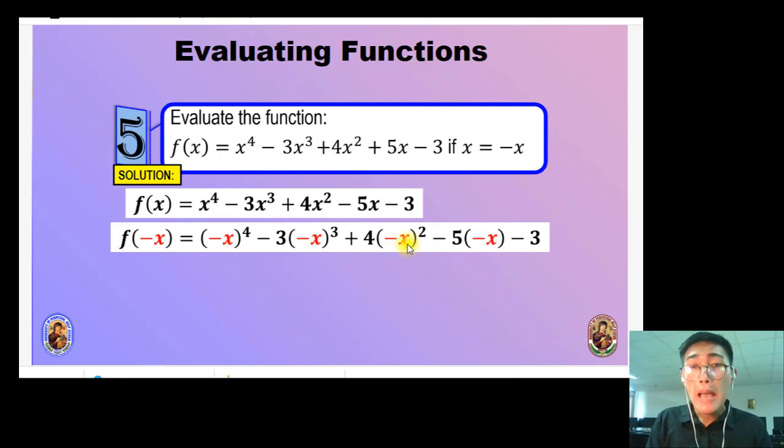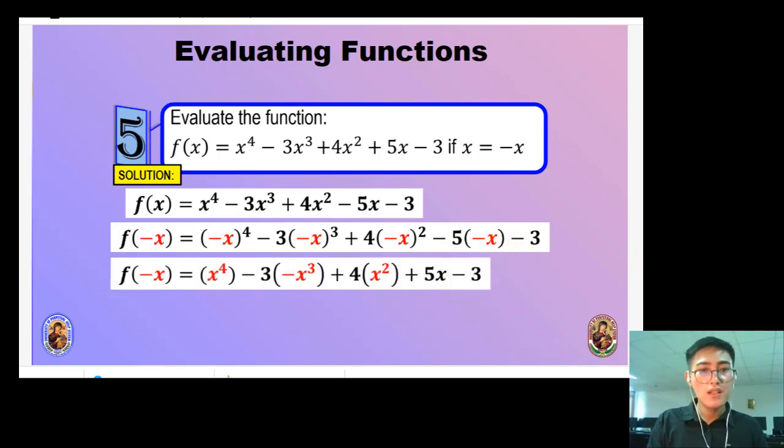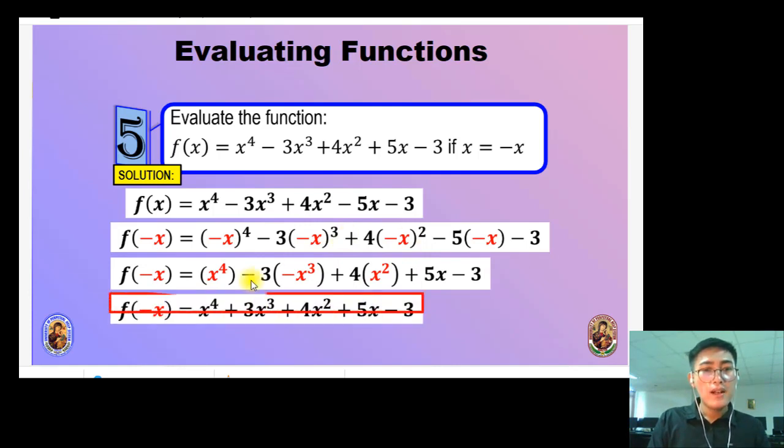So magiging positive x squared na siya. And multiply by 4, 4x squared. And for this part, positive 5x and less 3. So we will have now positive x fourth plus 3x cubed plus 4x squared plus 5x minus 3.